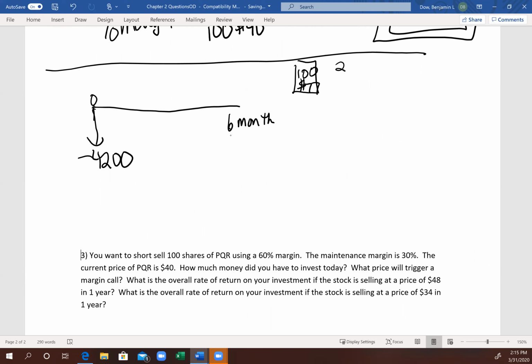We want to figure out what our equity position is 6 months later when the stock is trading at $77. And what we borrowed was $2,800 plus interest. Now, how much interest do we owe? That's what we need to figure out.